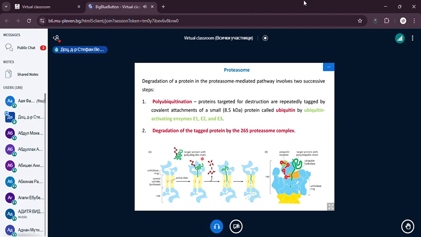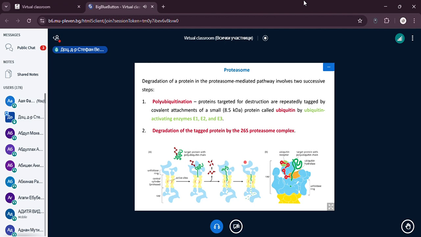The protein comes here and binds with the regulatory subunit with its ubiquitin tag, and this regulatory subunit also has enzymatic activity. It removes the ubiquitin. It has fulfilled its duties, and then this ubiquitin recycles again in the cytoplasm to be utilized in another cycle of protein degradation. Then this regulatory subunit guides the protein towards the core particle.